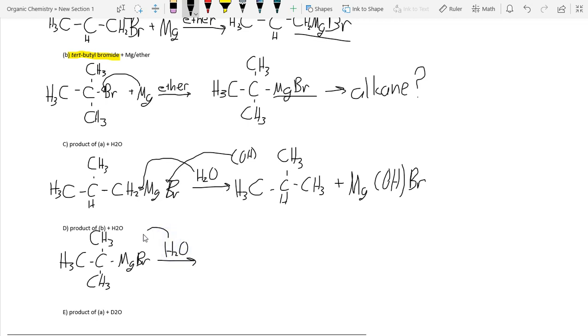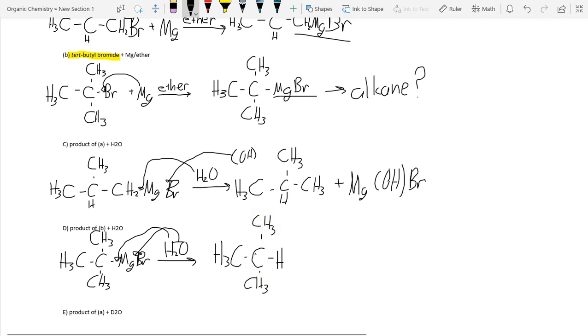Again, one of the hydrogens is going to replace the bond with magnesium bromide, and your hydroxide ion is going to bond with magnesium and bromide. So you have H3C, CH, CH3, CH3.